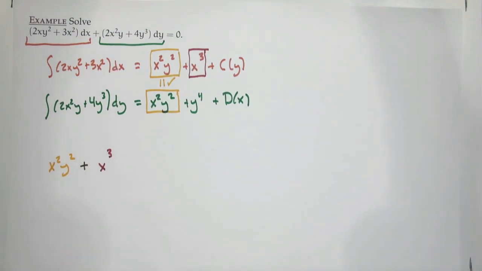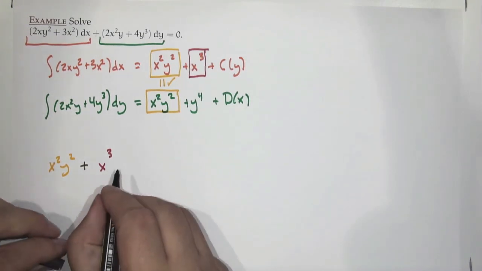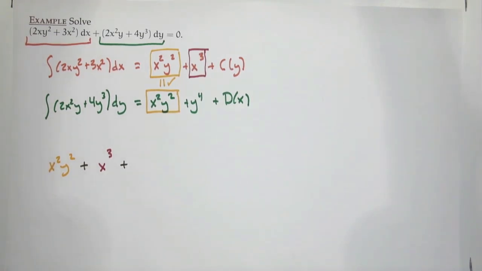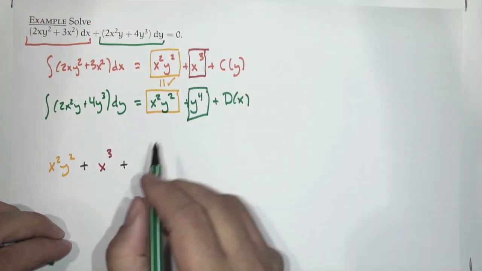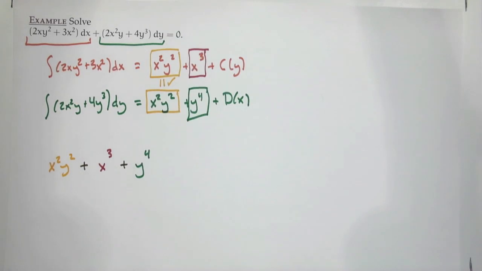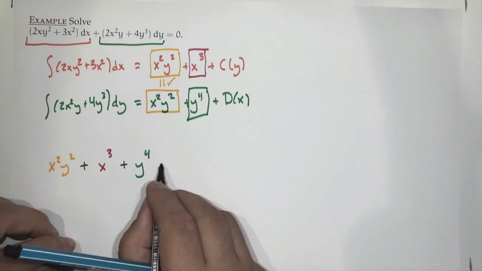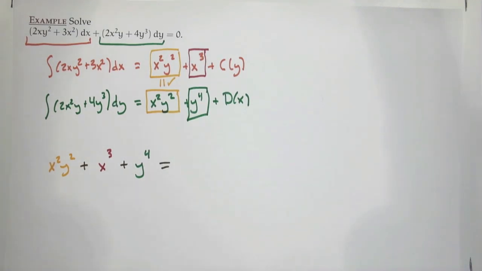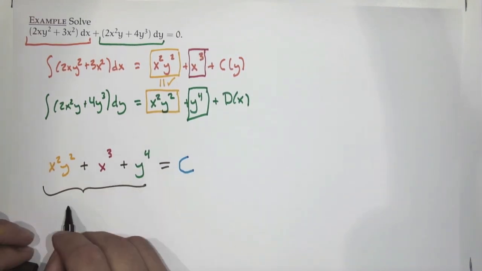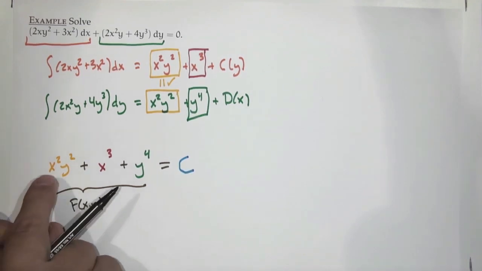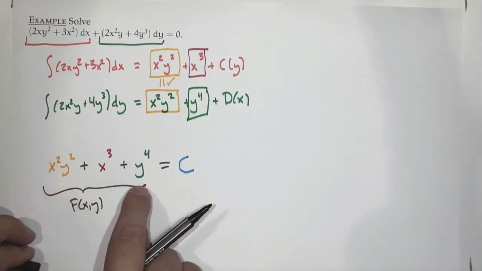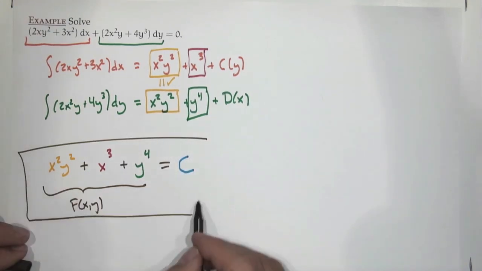And then we go to the part where we integrate with respect to y, and grab anything that only has a y in it. What do we grab? Y to the fourth. And then we set this equal to c, because there needs to be a constant somewhere, so just throw the constant on the other side. So this is our function f of xy in its various parts: what they have in common, the part only dependent on x, the part only dependent on y, and we're done.